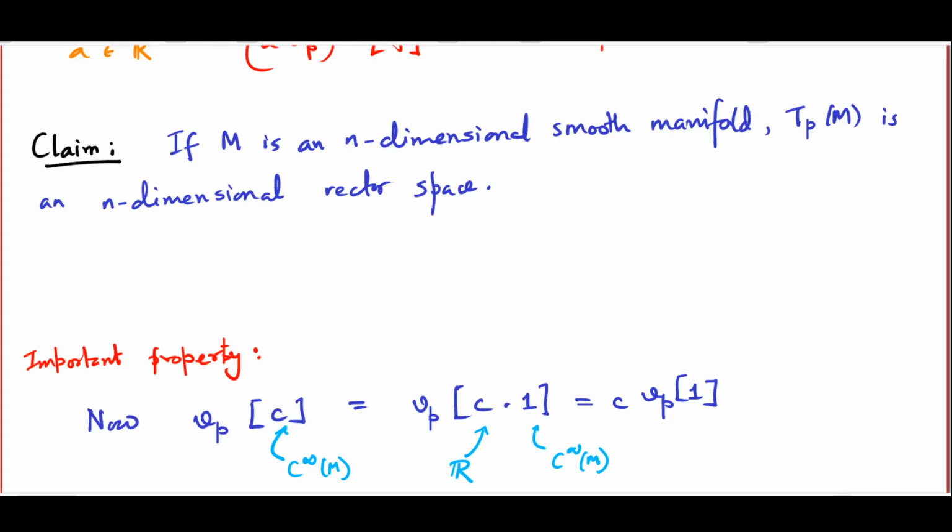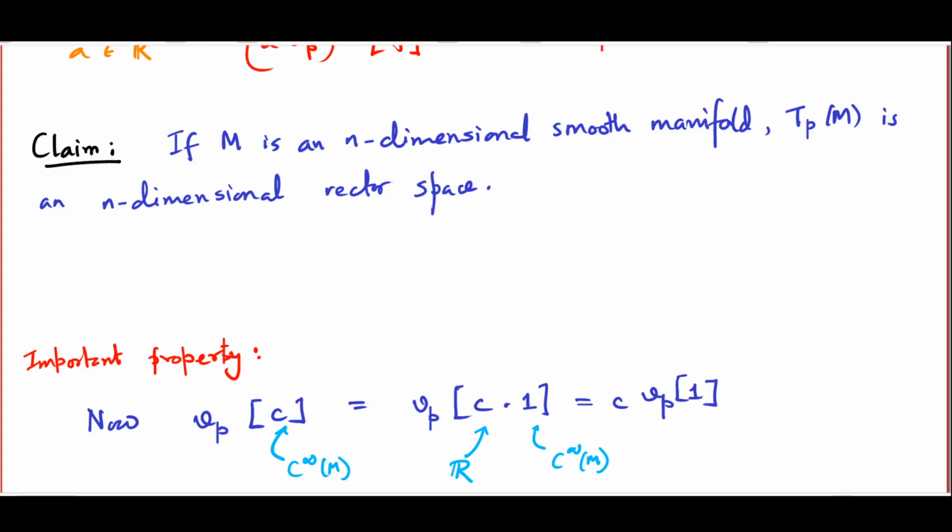Here, Vp is acting on C. Note that C is not a number, it's a member of C infinity of M. It's a smooth function, a function whose value at every point of the manifold is a constant C. But you can always write this function C as a product of the number C, a real number C, and the function which I denote by 1, which is a smooth function which returns 1 for all points on the manifold.